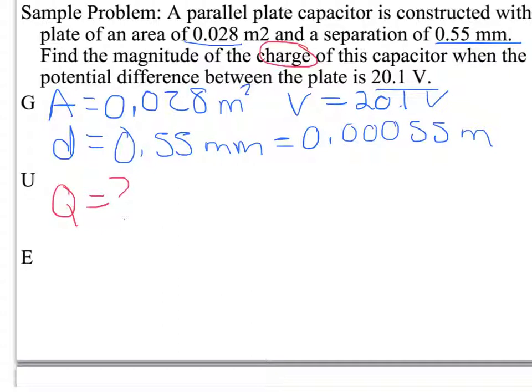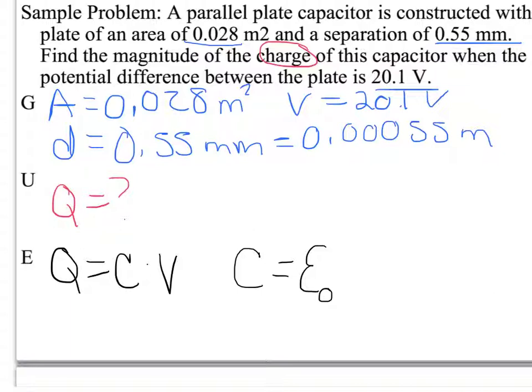So the two equations that we will need: Q equals C times V, but in order to find C, we will have to use C equals epsilon naught times the area divided by the distance.